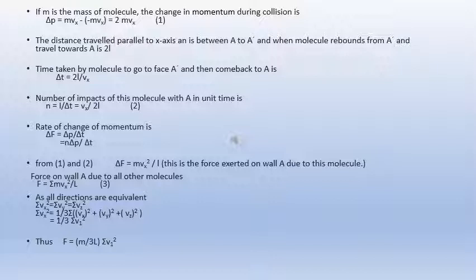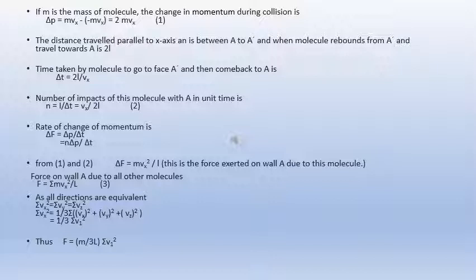Force on wall A due to all the molecules will be summation mVx square upon L. As all the collisions are equivalent and the gas is isotropic, the molecular velocities are equally distributed in different directions. Therefore, we have Vx square is equal to Vy square is equal to Vz square, and let us name it as V1.